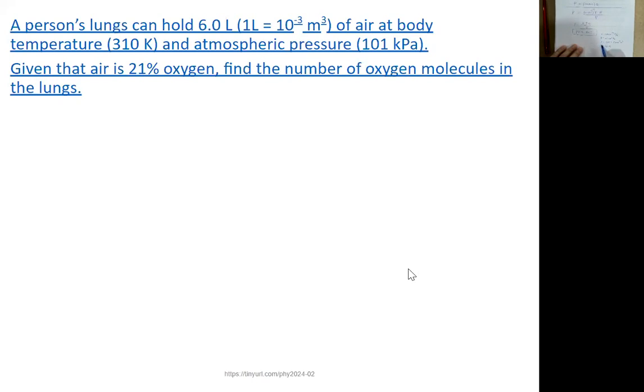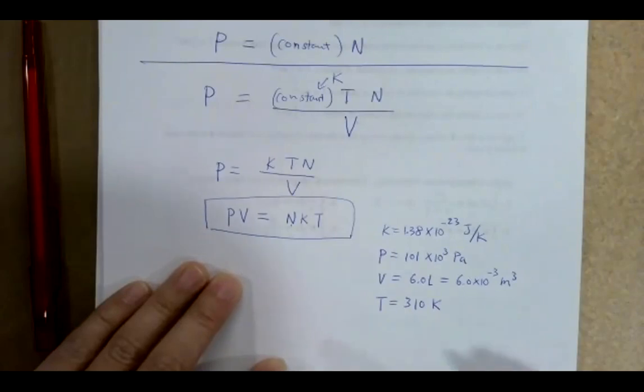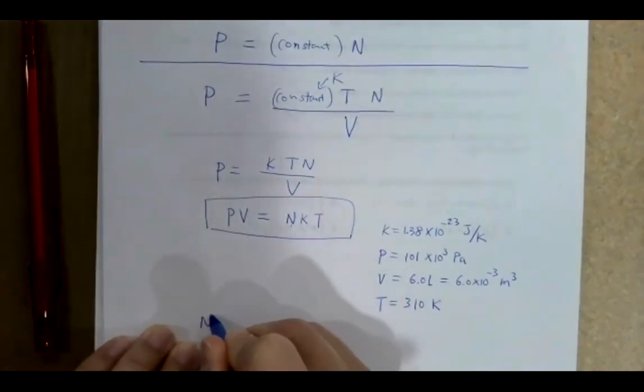So you have those four knowns in this equation, and the only unknown is N. You are looking for the number of oxygen molecules. You can actually solve for the total number of air molecules first, and then multiply that by 21%, which will give you the number of oxygen molecules. So let's solve for N first.